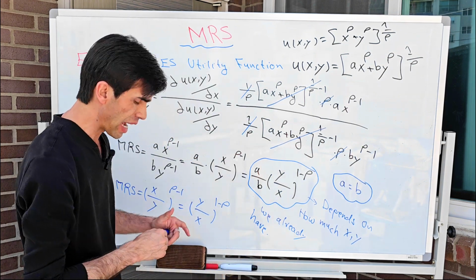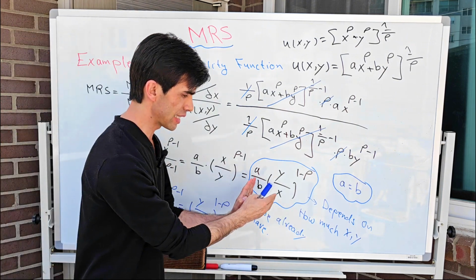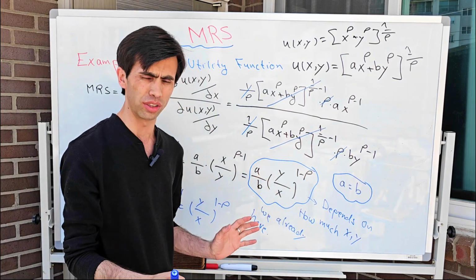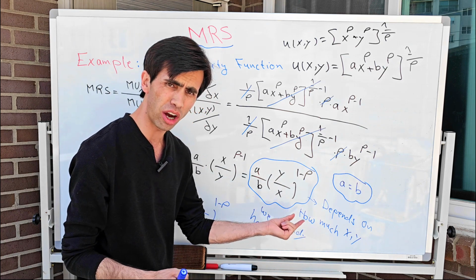So the value of the marginal rate of substitution for a CES utility function is not constant. It depends on how much X and Y we already have.